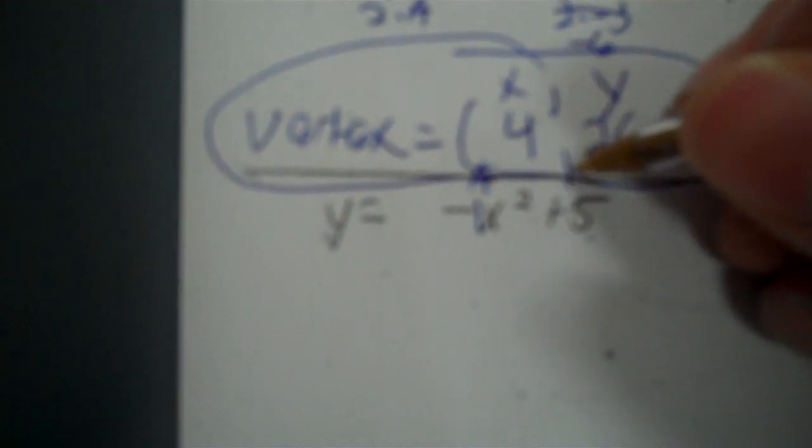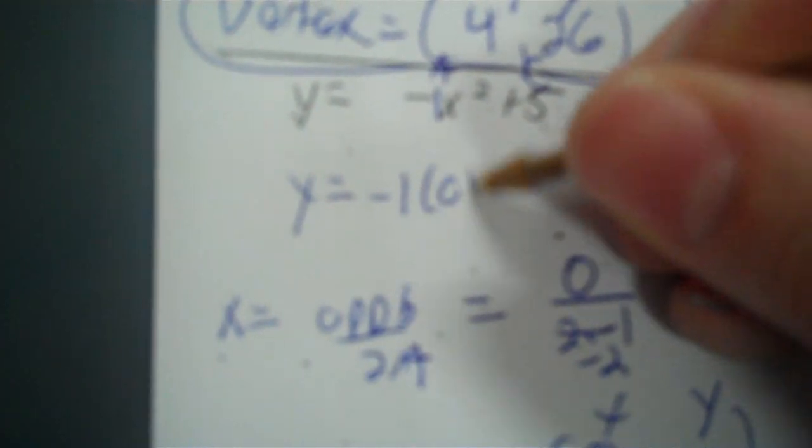Now these next two vertexes are found very quickly, okay? Now there's no b. There's a, and then it skips over the x term and it's c, okay? So I'm going to still apply opposite of b divided by 2 times a. Now if there is no b, then b would be 0. 0 doesn't really have an opposite, it's just 0.